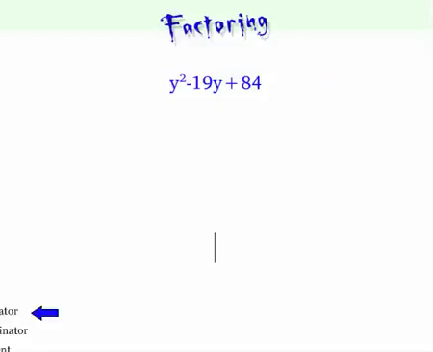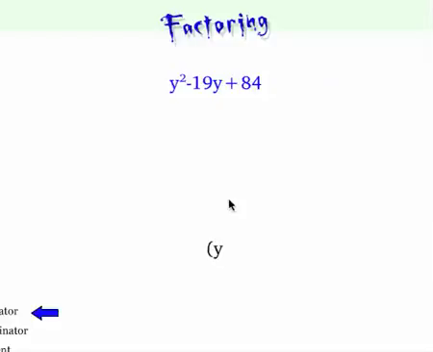There we are. So then we have factors of 84 that are going to add to give us negative 19. Look at that. So they're both the same sign, but they're not necessarily positive. They're negative here. So what's going to give 84? These are going to be far apart. So maybe 12 and 7. There we go.